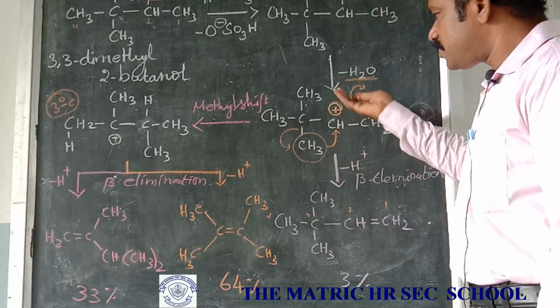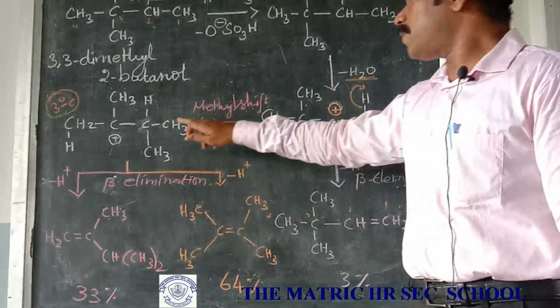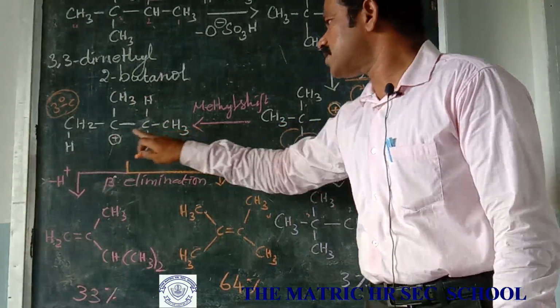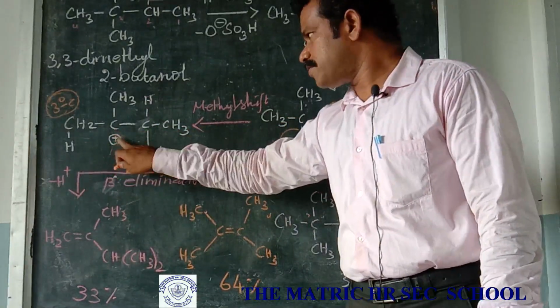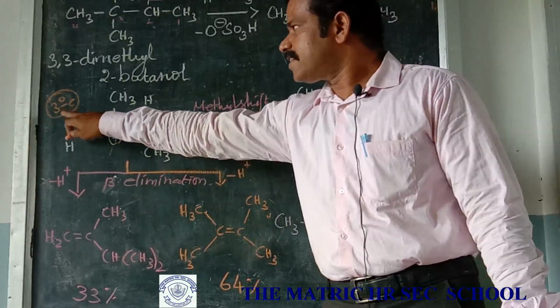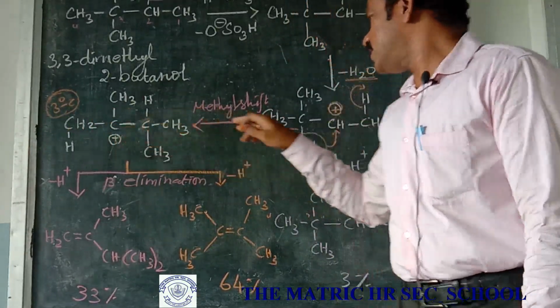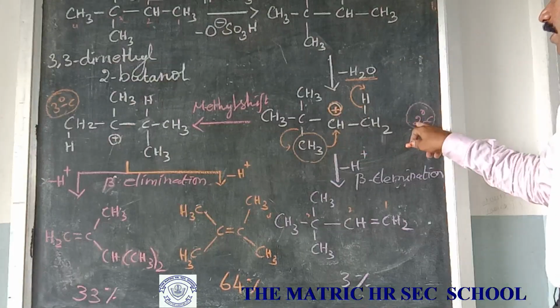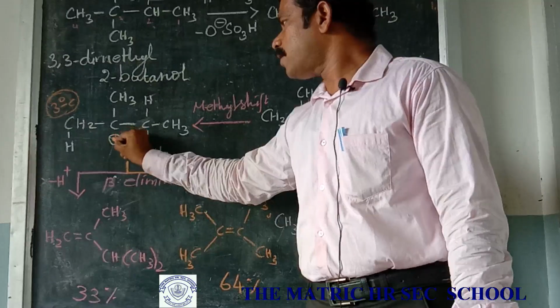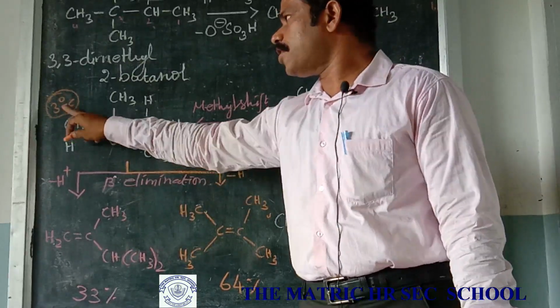The methyl group is shifted to the second carbon, this position. So the electron is accelerated to this methyl group. So the carbon is getting the positive charge. So this carbon nature is the tertiary carbocation nature. This carbon nature is the secondary carbocation nature. This carbon is the positive ion. This carbon nature is the tertiary carbocation.